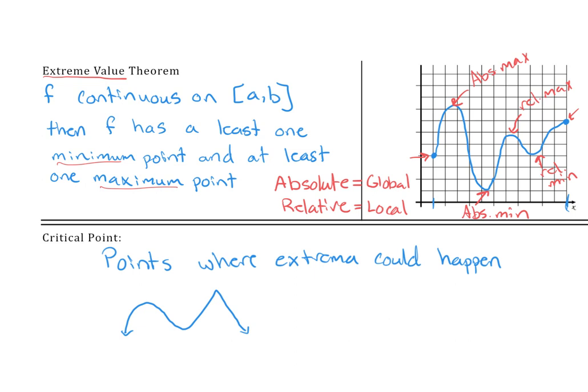So what is happening at the extrema? So at this maximum point here, what is the slope? It's 0. Point here, it's 0. So a tangent line where the slope is 0, or that is not differentiable, so the derivative does not exist.